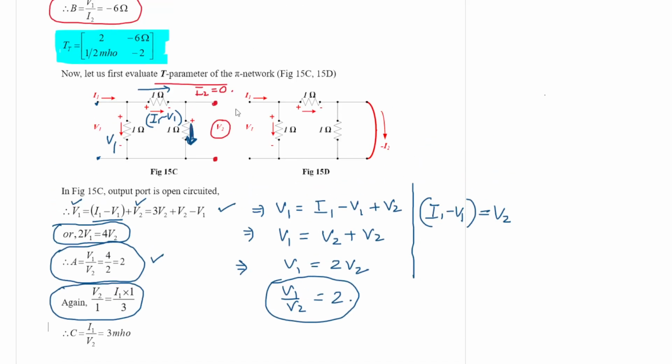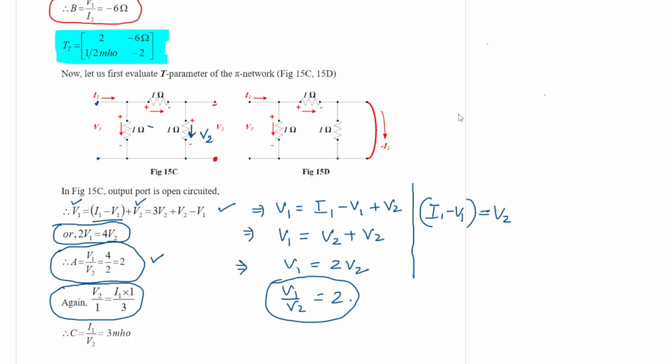Okay, let us try to understand. We understand that the current flowing through the 1 ohm resistance is V2, or rather V2 by 1.